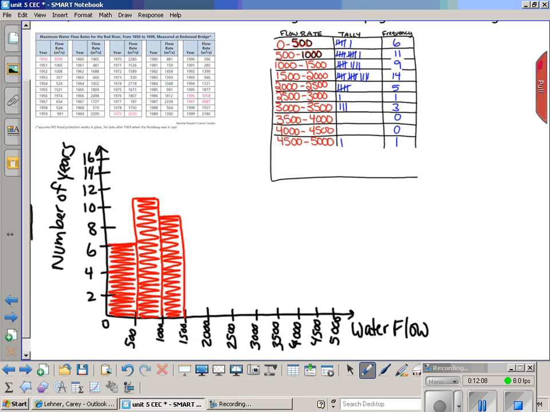From 1,500 to 2,000, there were 14. From 2,000 to 2,500, we had 5.